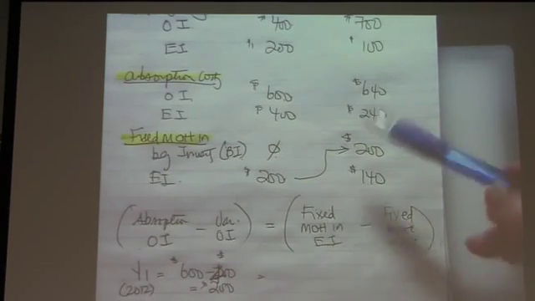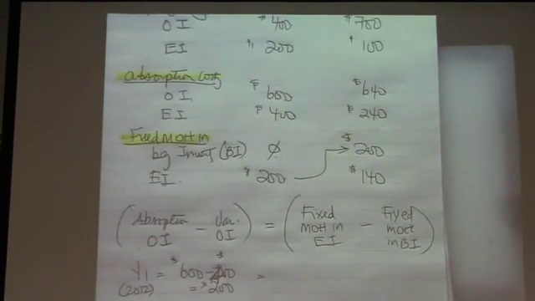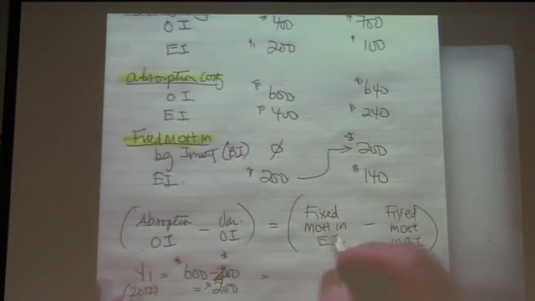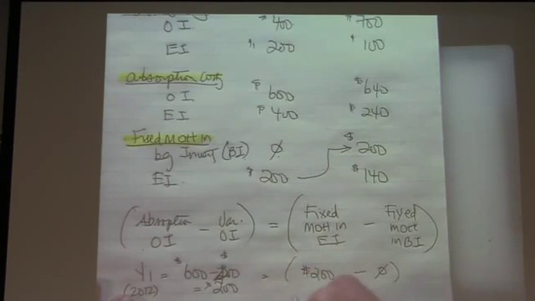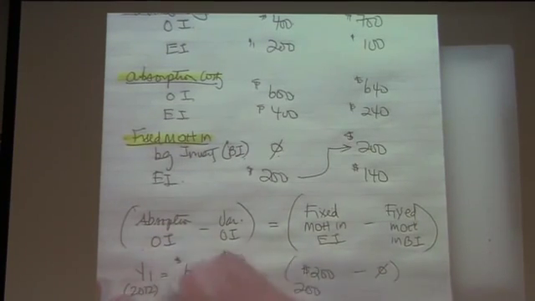And the difference in ending inventory is 200 less 0.